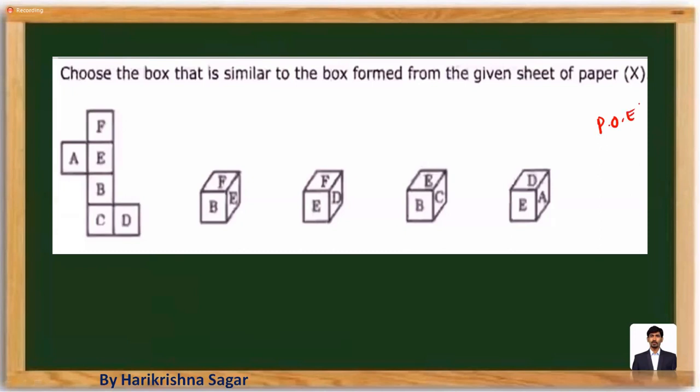We can use the elimination method in solving the question. So choose the box which is similar to this. If you fold this as a dice, what is the face opposite to so and so is the question.